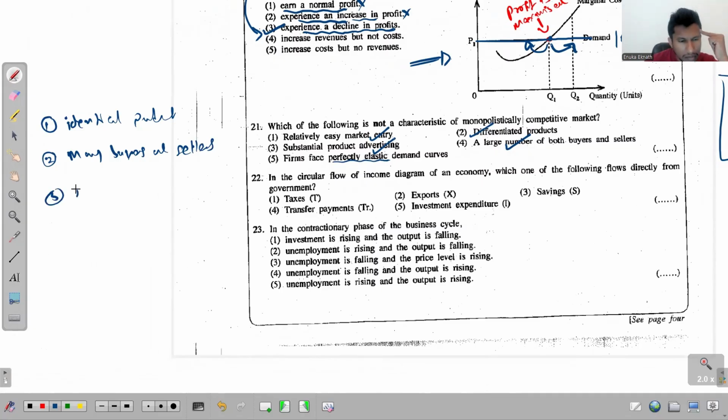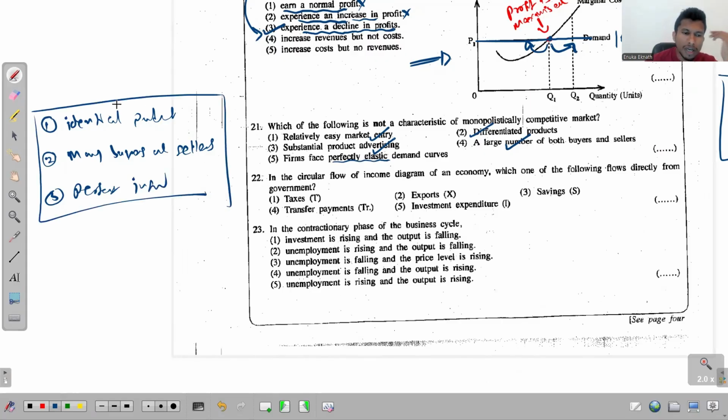Third one, we have perfect information. Due to these three, the firm becomes a price taker. And when the firm becomes a price taker, the demand curve faced by one firm in the industry will look like this. It will be a perfectly elastic demand curve.